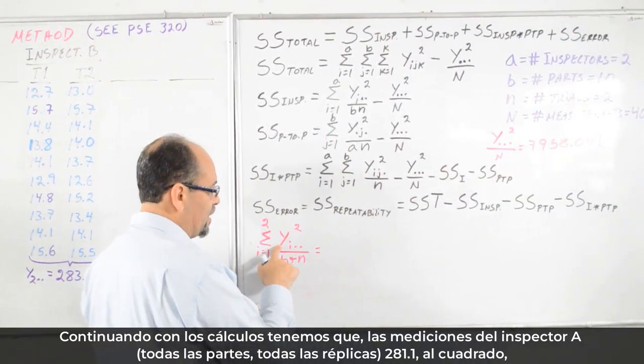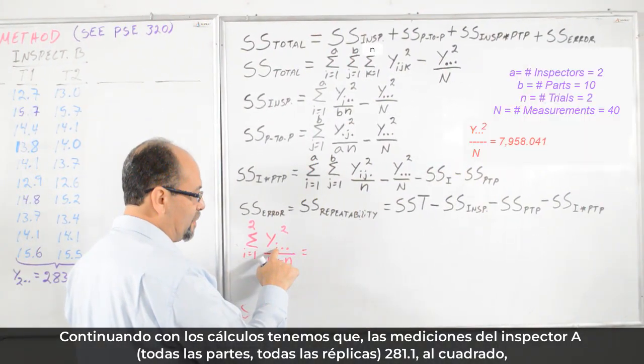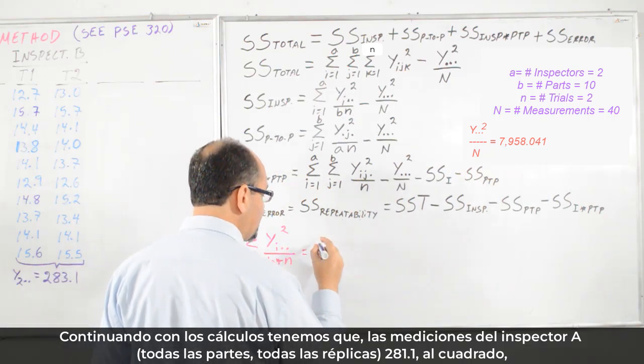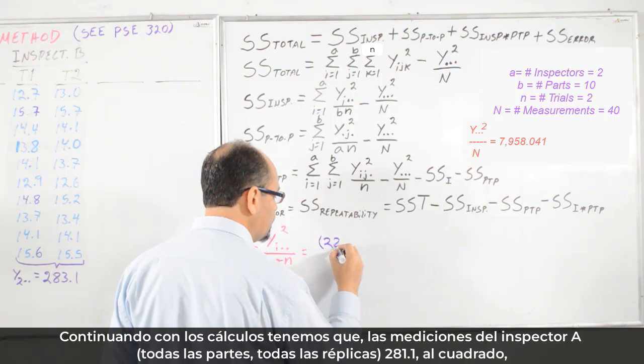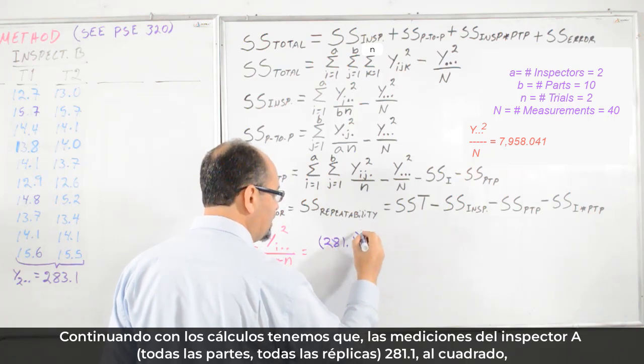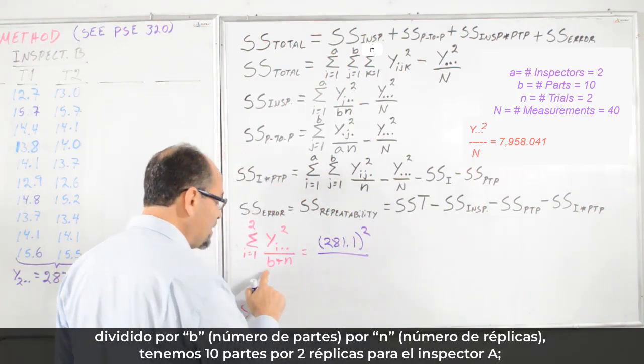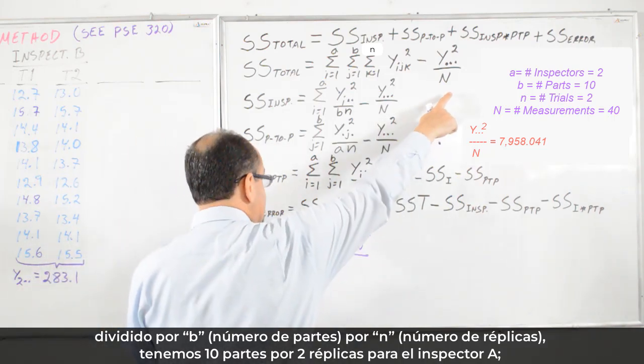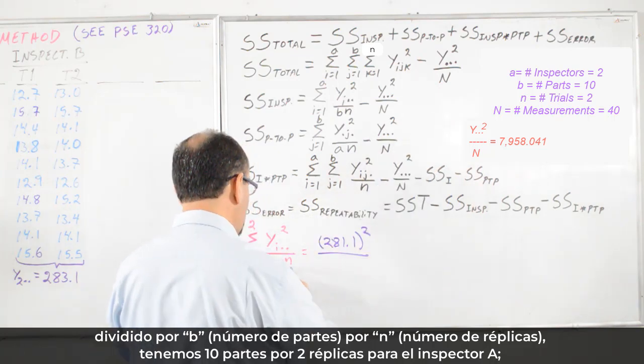Well, let's then do that. So that will be the measurements of inspector 1, all the parts, all the trials. That is 281.1, and that is squared, divided by b, which is the number of parts, times n, which is the number of trials.